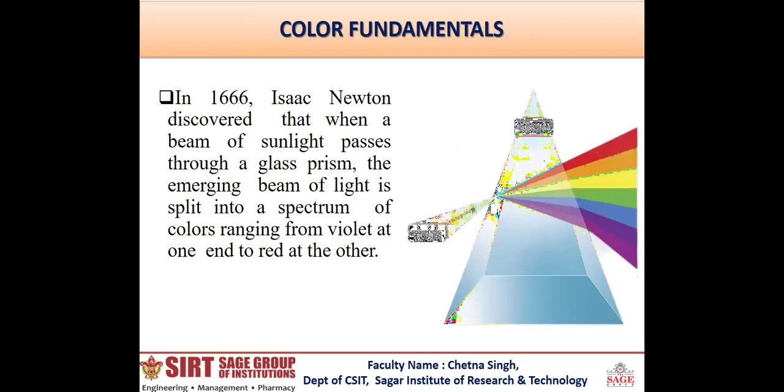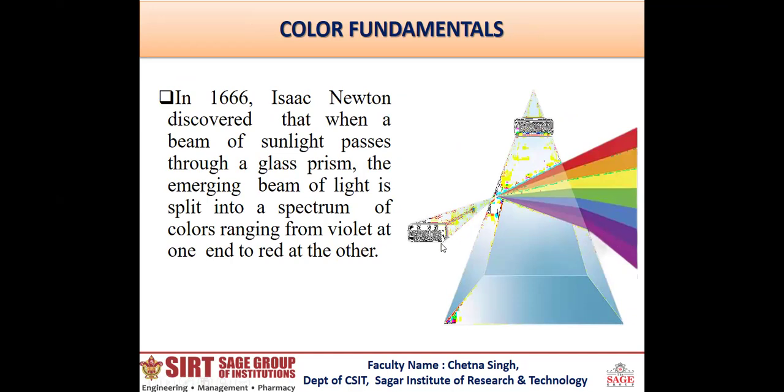In 1666, Isaac Newton discovered that when a beam of sunlight passes through a glass prism, the emerging beam of light is split into a spectrum of colors ranging from violet at one end to red at the other.